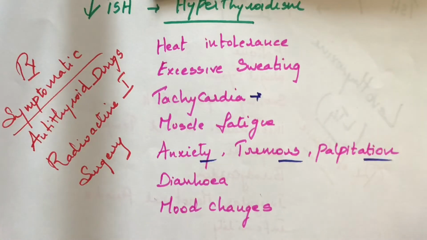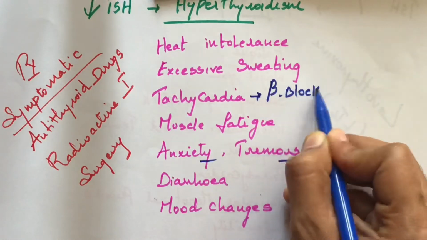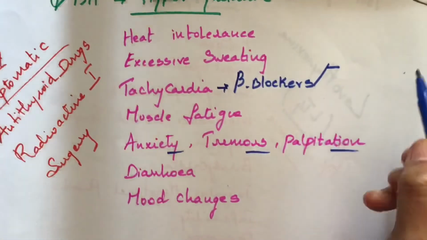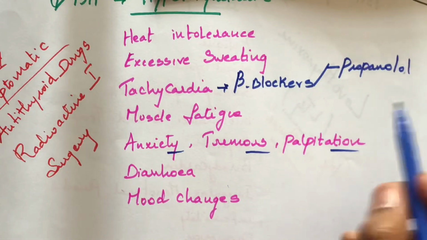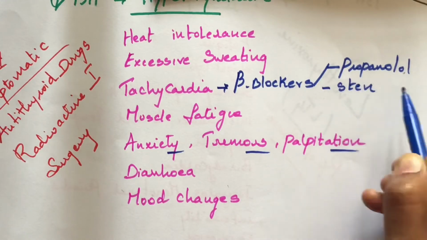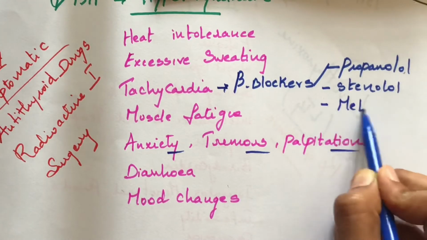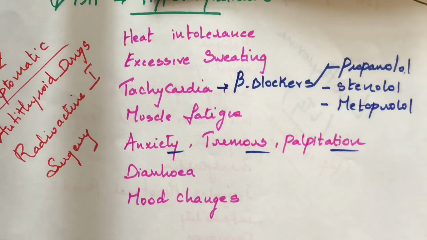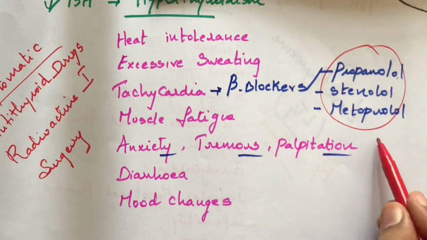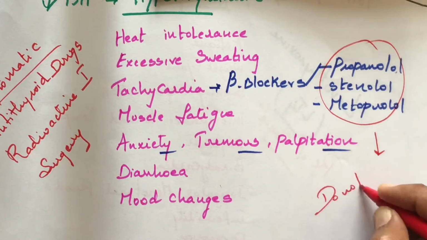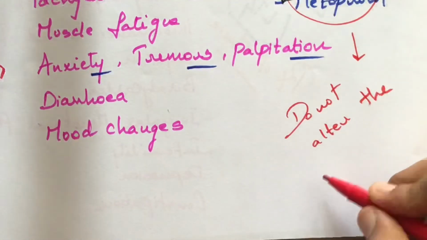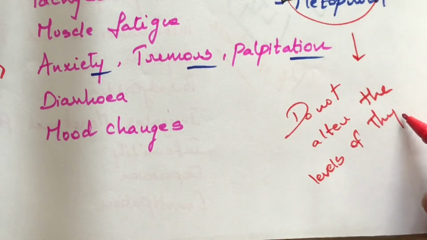And symptoms like tachycardia, anxiety, tremors, palpitation are treated with beta blockers, and the most popular drugs are propranolol, atenolol, metoprolol. They are only symptomatically effective, and they do not alter the level of thyroid hormones in the blood.